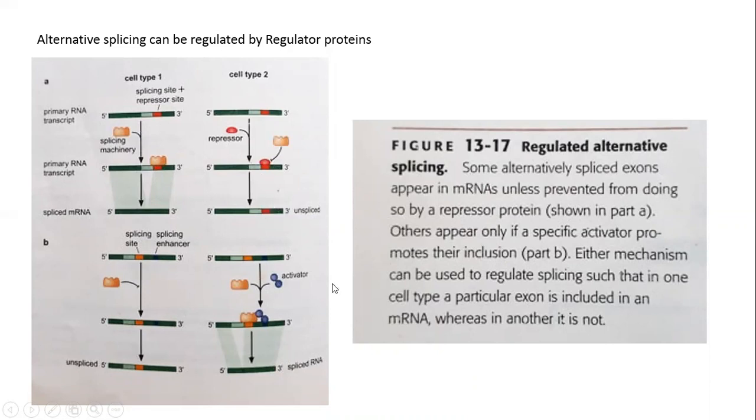But in case of the enhancer binding site, this is different from the splice site, and is located somewhere distant with respect to the splice site. When the activators or enhancers bind to this site, they help the binding of the spliceosome machinery, and thus mRNA splicing occurs.